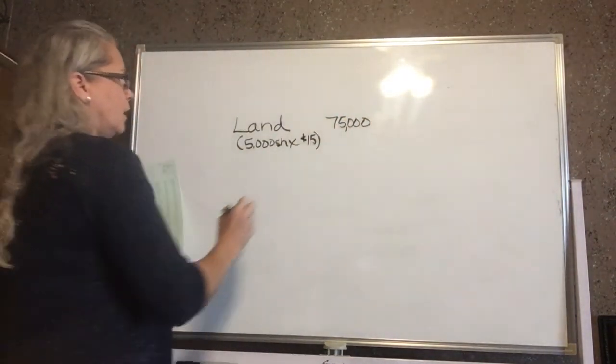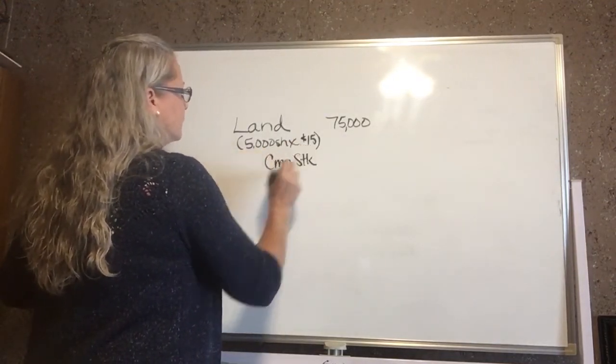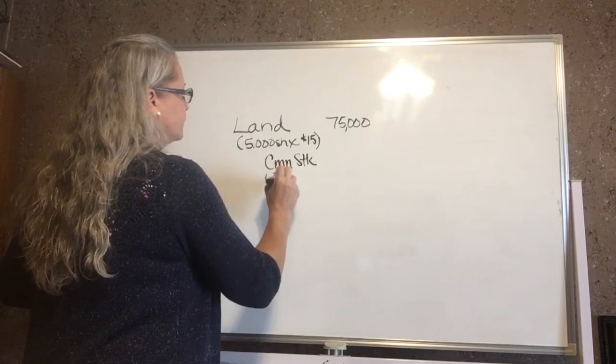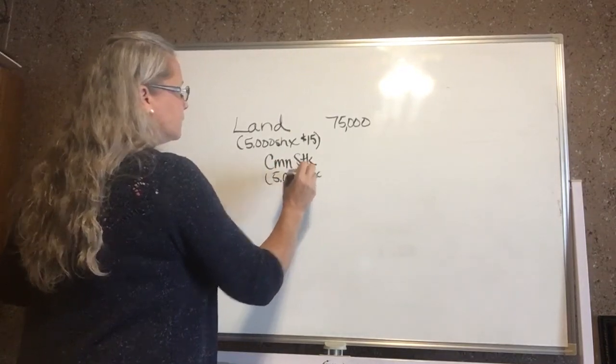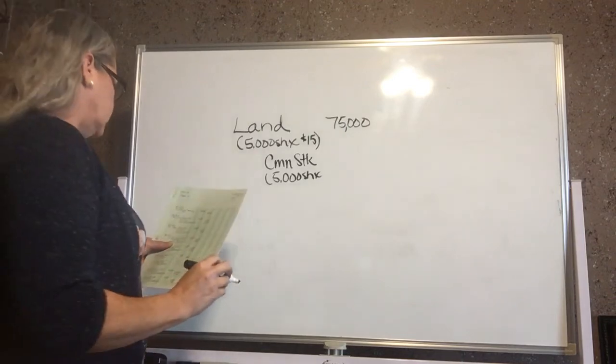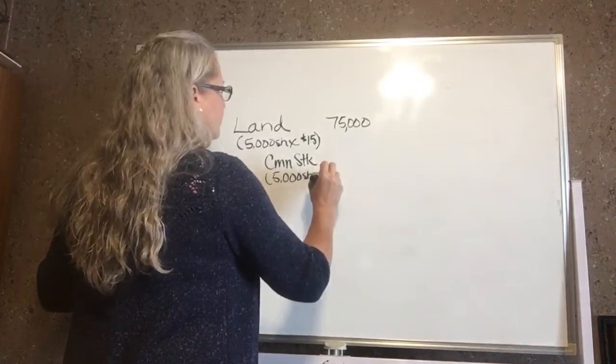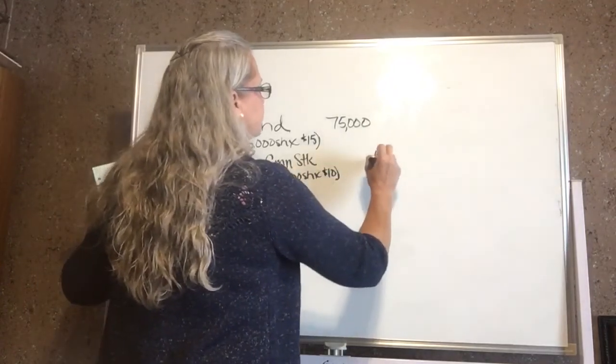We're giving up common stock for that, still 5,000 shares, and its common or par value is 10. So 50,000.